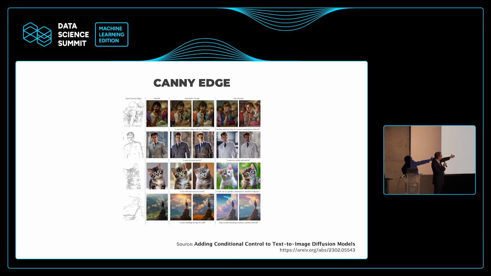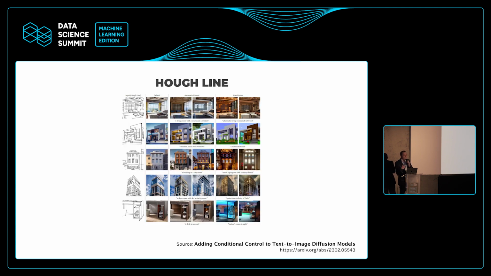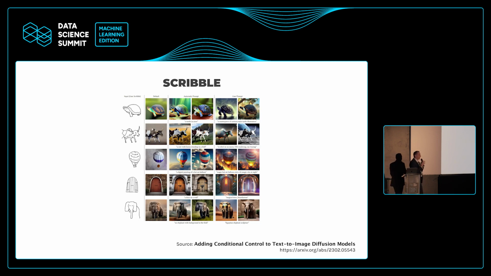These are the Canny edges to the left, and these are the images that were generated by Stable Diffusion using the Canny Edge model. They also had Hough lines, which are perfect for regular shapes, such as straight lines, as I said, for architecture or your homes. There's the scribble network that allows you to draw something like this. This is fabulous.